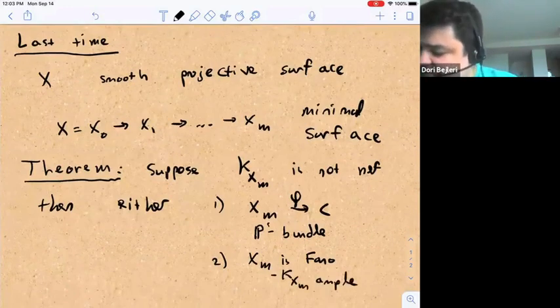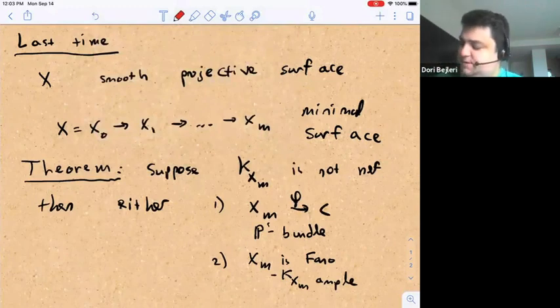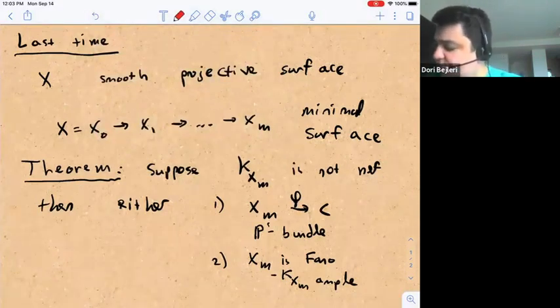And actually, if you work a little harder and use some surface geometry and some statements about P1 bundles over curves over algebraically closed fields, you can get more.